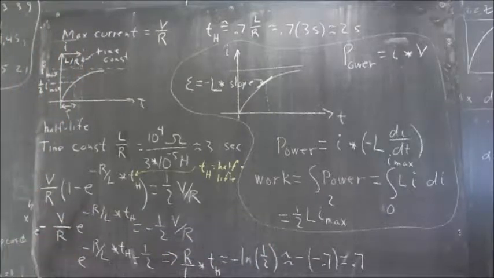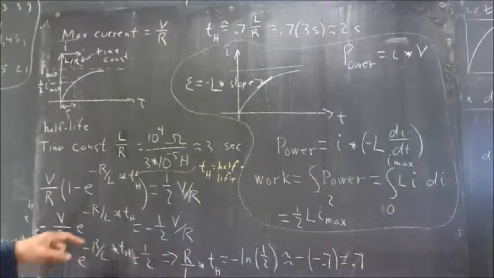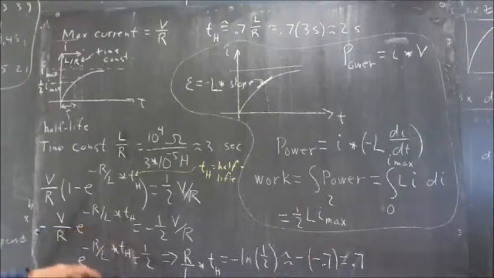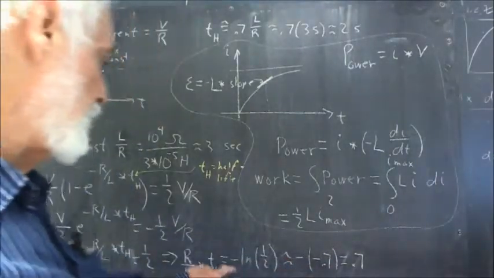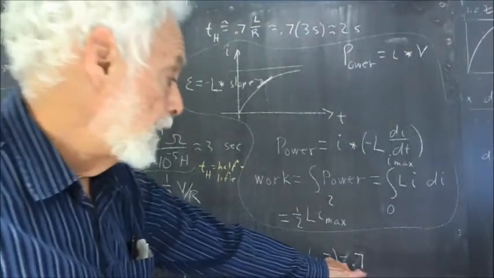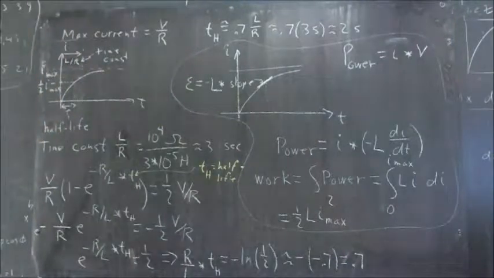I've skipped a step there, but we take the log of both sides. And the natural log of 1/2 is about negative 0.7, the negative of that being then approximately 0.7.